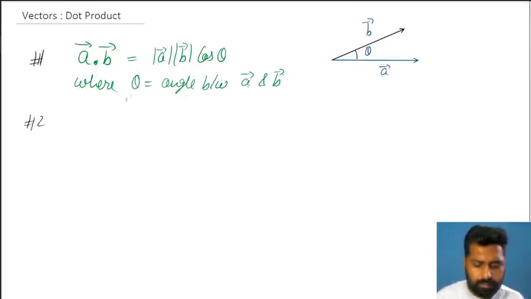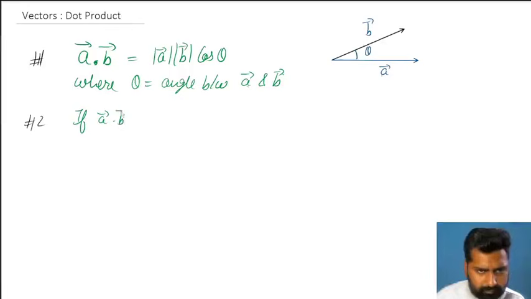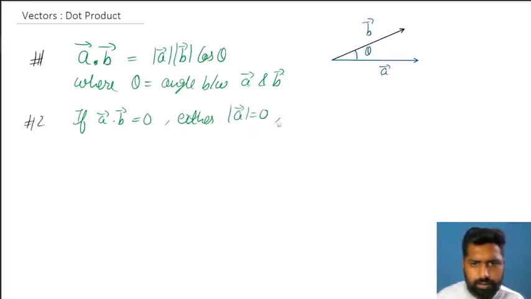Second, let's say your A dot B is 0, then we can say either A vector magnitude is 0 or B vector magnitude is 0.